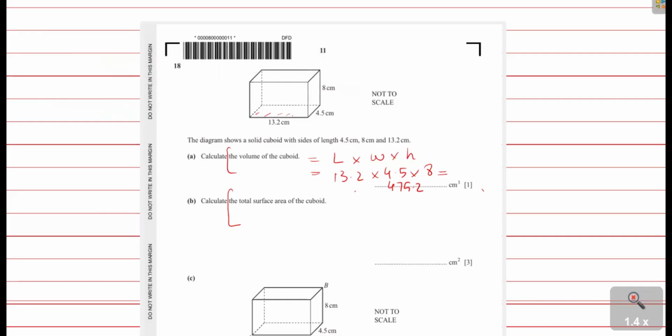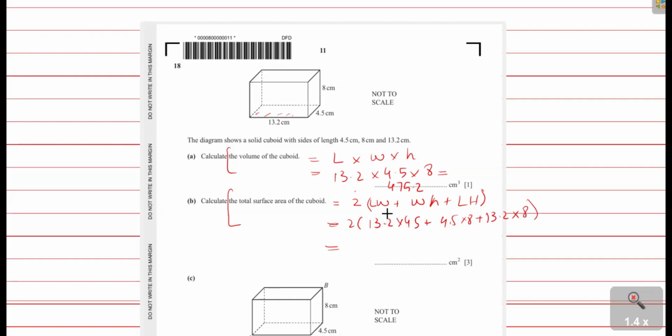Question 18, part B, calculate the surface area of the cuboid. The formula of the surface area of a cuboid is 2 times (LW plus WH plus LH). Here the length is 13.2, width is 4.5, height is 8.